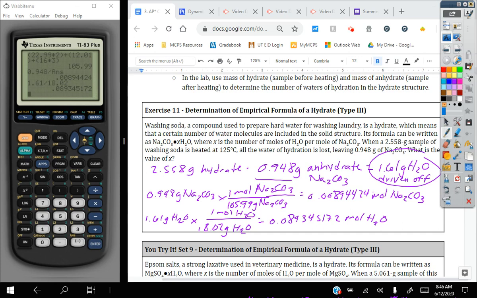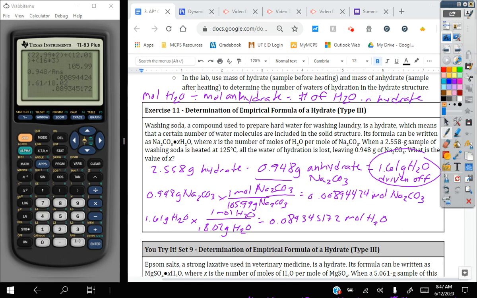Now that we have moles of each, what we can do is figure out the number of waters by dividing the moles of water by the moles of anhydrate. So really the key to solving this is moles of H2O over moles of anhydrate, which is equal to the number of H2O in the hydrate.